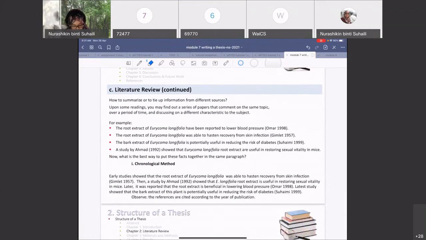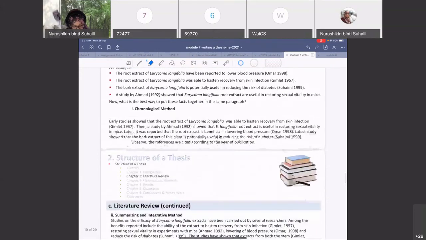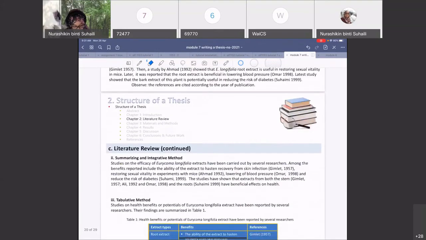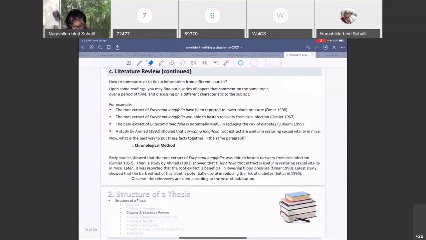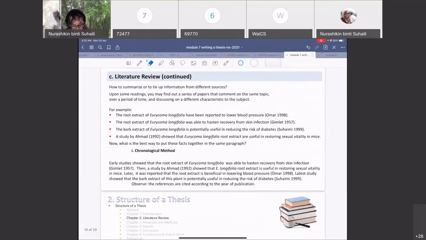How to summarize and tie up information from different sources? Chronological method. It depends on your research, but it's not really popular to be used. It means you have lots of articles, so how do you want to write it? That's the meaning of this section.